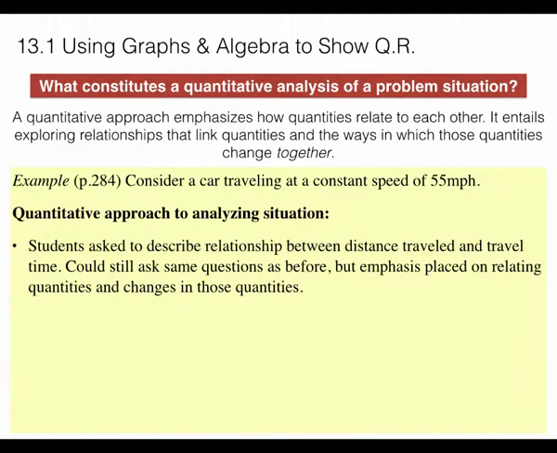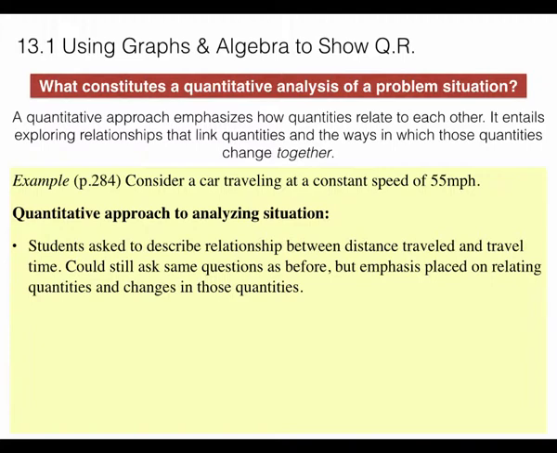Yeah. For every hour, he will be traveling a constant distance of 55 miles. Okay, so for each hour, if he maintains that constant speed of 55 miles per hour, he will travel 55 miles. That is a very valid interpretation of what it means to travel at 55 miles per hour.